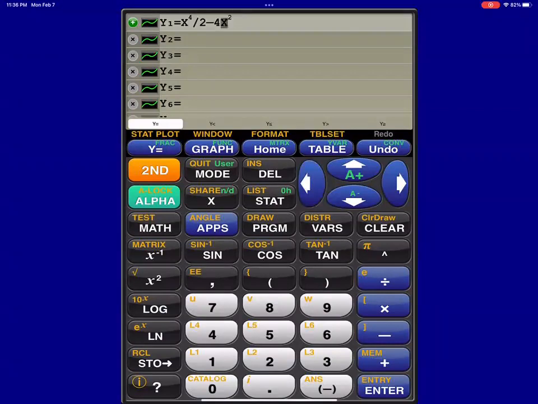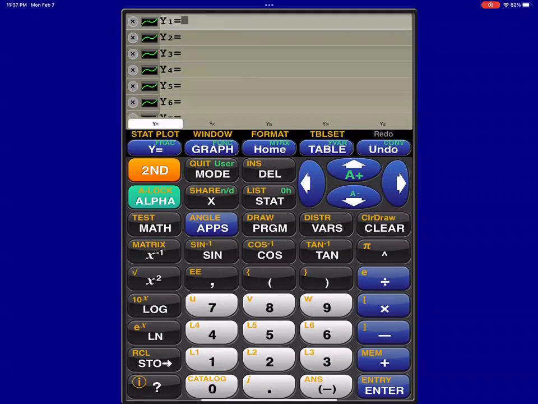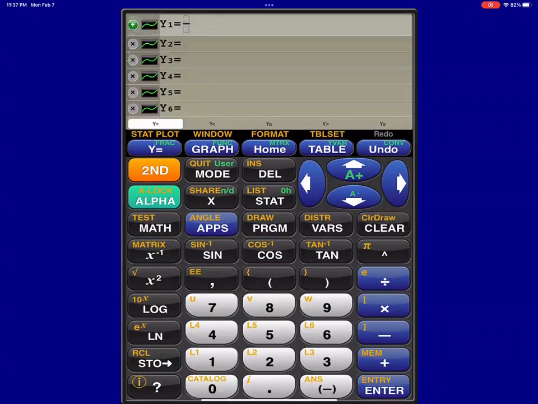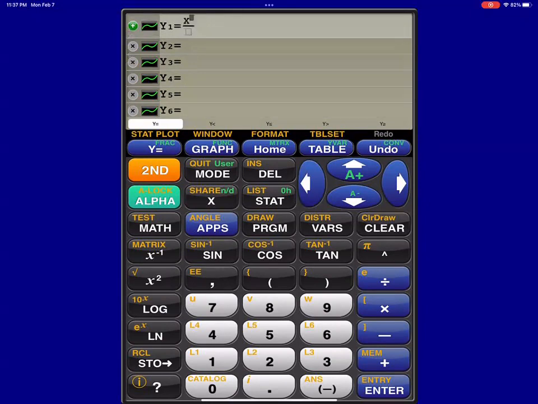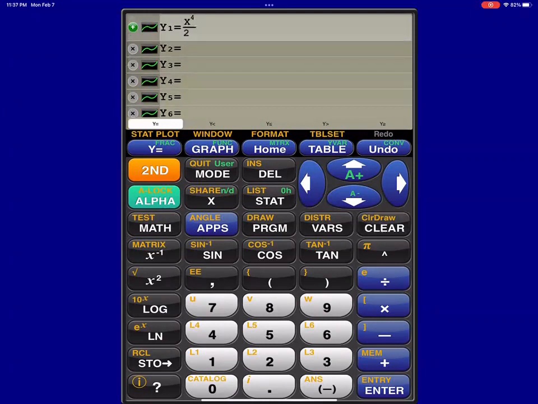We will do this one more time because we can use the numerator over denominator feature, and then it won't be a mistake at all. So x to the power 4 on the numerator, and the denominator is 2. Then you go to the right arrow and plug in minus 4x squared.